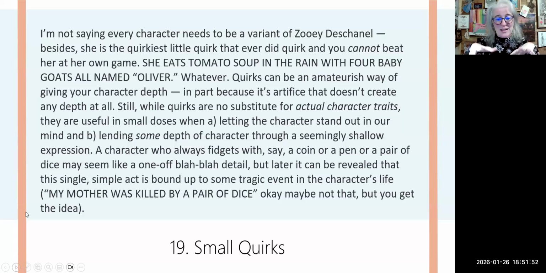When you start to really look at people and understand their characteristics, everyone becomes immensely interesting because we're so different. And some of us are quirky. Some of us are out there in the rain with Zooey Deschanel eating tomato soup with goats all named Oliver.